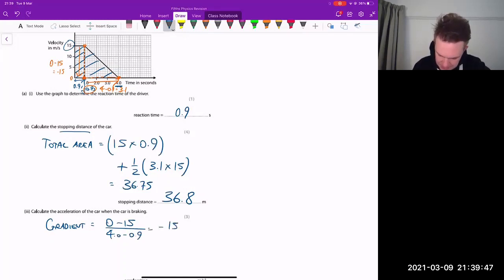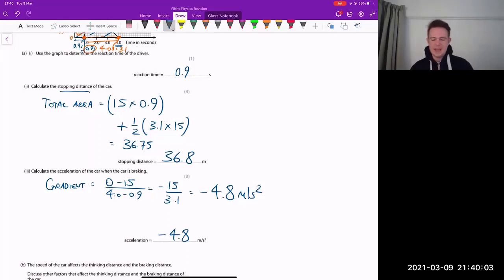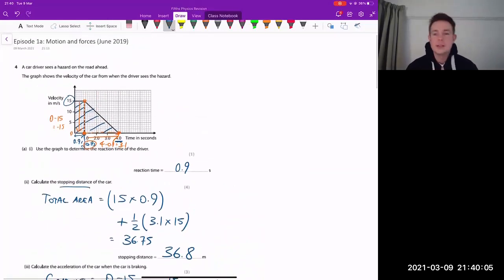So it's minus 15 over 3.1, which is about minus 4.8 to 2 sig fig. Note the negative sign is required. The acceleration is negative because the car is slowing down.